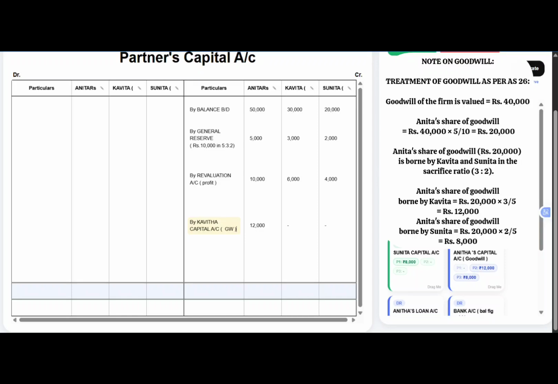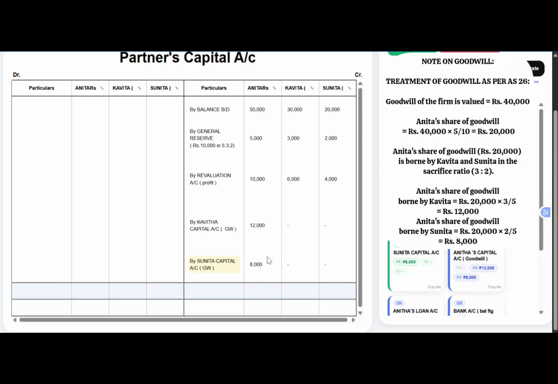And next, Sunita is going to bear the goodwill of Anita, which will also be written on the credit side as by Sunita's capital. That is Anita's goodwill, which is borne by Sunita, 8,000, which will be recorded under Anita's column. So this is the goodwill which has been recorded on the credit side.